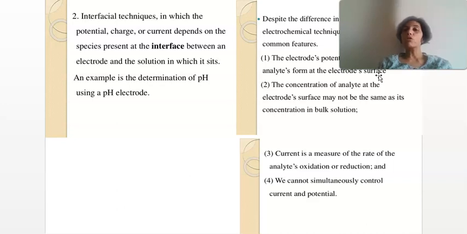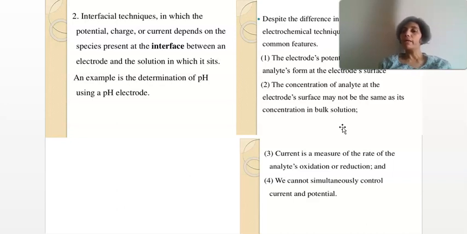The concentration of the analyte at the electrode surface may not be the same as its concentration in the bulk solution. So basically we try to take dilute solutions most of the time, because if you take a concentrated solution, this error between the surface and the bulk will be too much. The third point is: current is a measure of the rate of the analyte's oxidation or reduction.